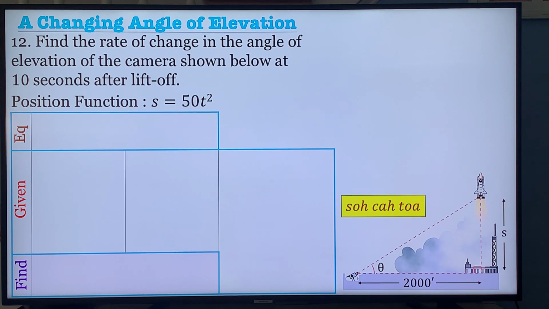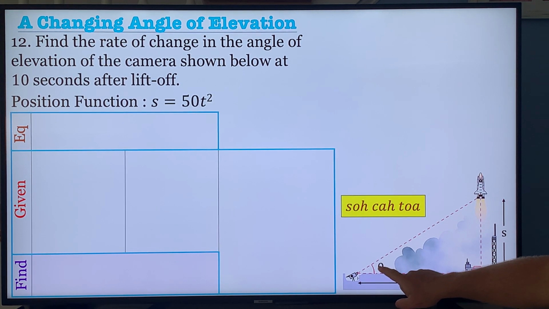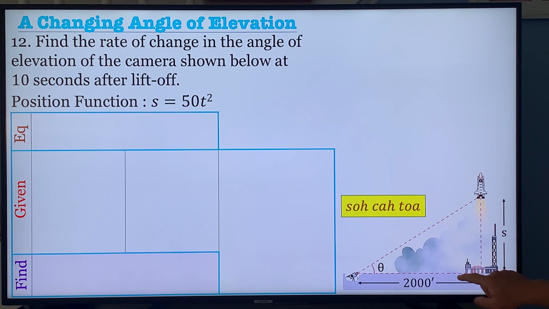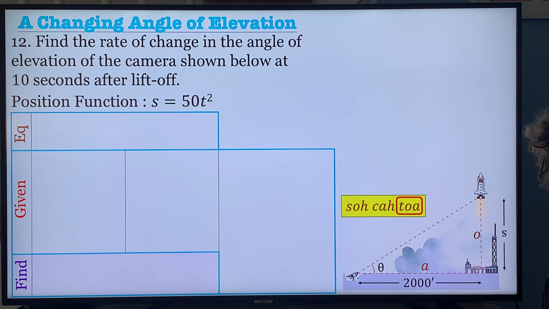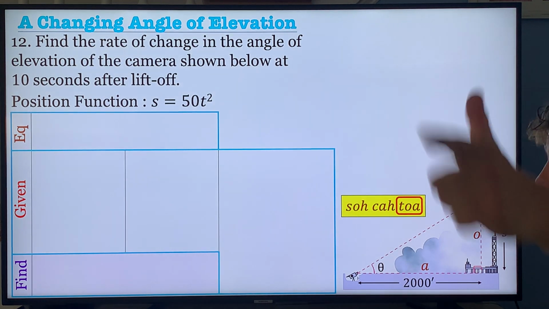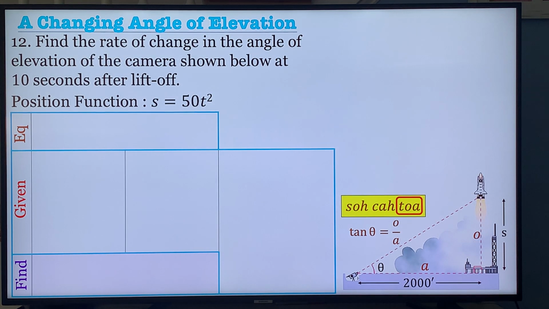So, what trig function do you think we use? If this is the angle, SOHCAHTOA. Opposite, adjacent, hypotenuse. This is opposite and adjacent. So we will be using which one? TOA. Sine is opposite over hypotenuse, cosine is adjacent over hypotenuse, TOA is tan, opposite over adjacent.